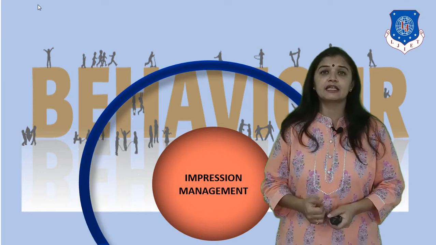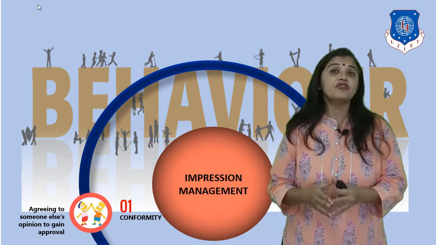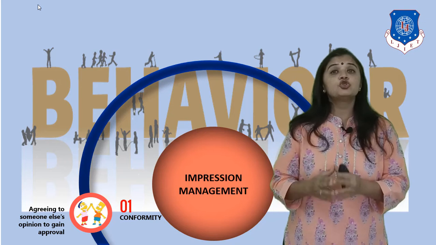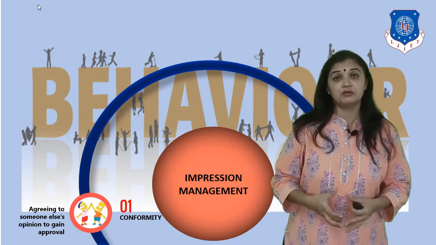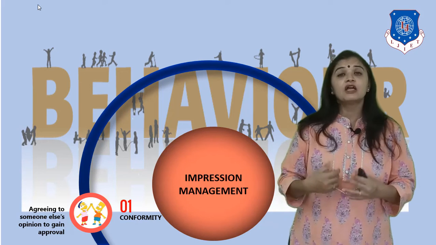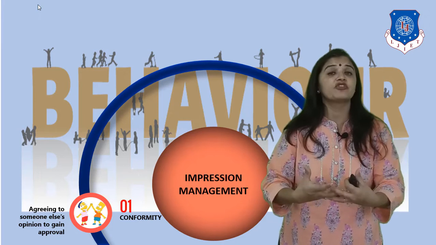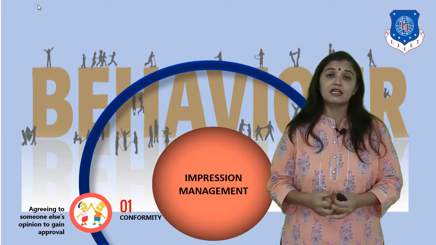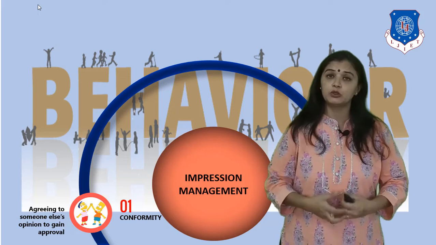So the first technique is conformity. The meaning of conformity is to agree with someone so that you become acceptable to them. You agree with someone's opinion because you want to be with them or you want to have that sense of belonging, and that is why you will agree with every opinion even without thinking twice.